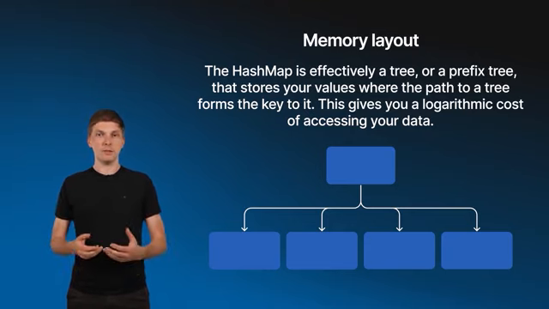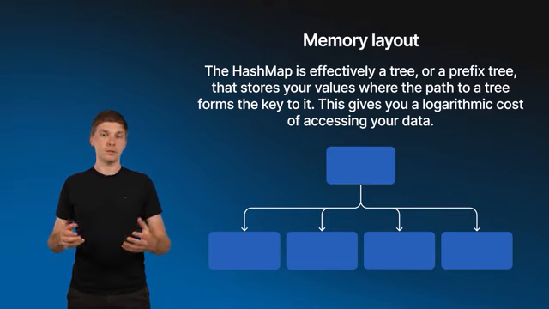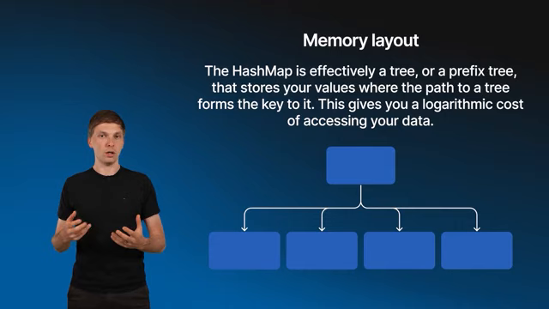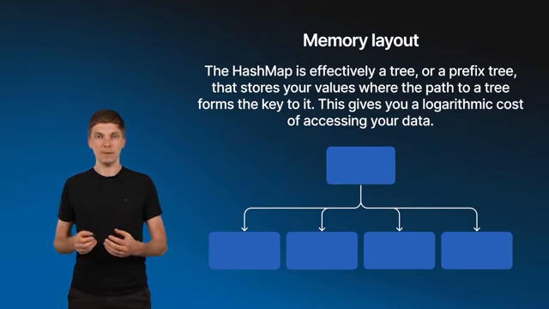So the hash map is effectively a tree, or a prefix tree, that stores your values, where the path in the tree forms the key to it. This gives you a logarithmic cost of accessing your data, and the built-in tools in the TVM give you a usable interface to iterate over all of this data or do insertions and deletions to that data.